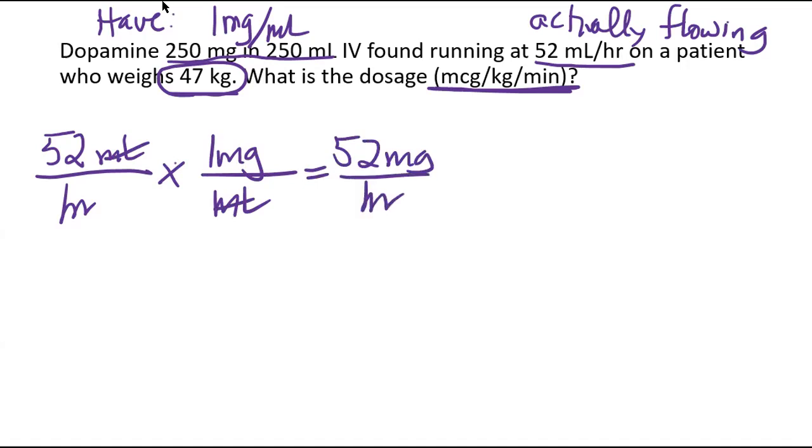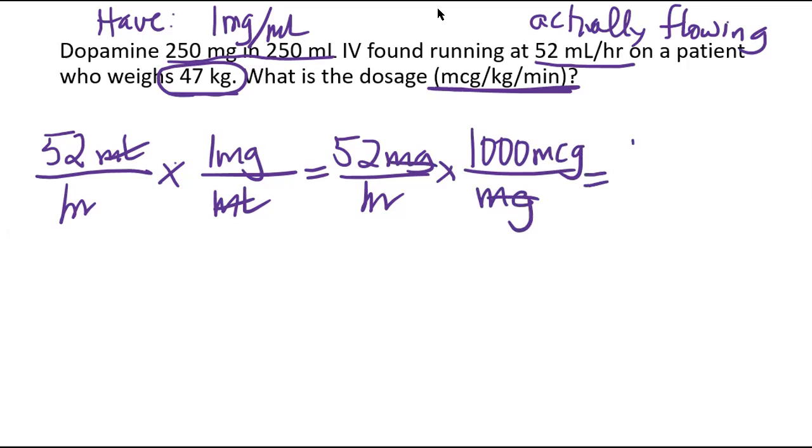We know we need micrograms and kilograms and minutes. So let's do that. We're giving 52 milligrams per hour. So how many micrograms per kilogram are we giving? Let's go ahead and turn this into micrograms. So let's go 1,000 micrograms divided by 1 milligram. Okay, we cross out the milligrams.